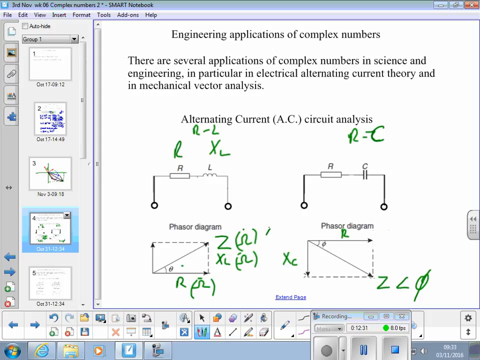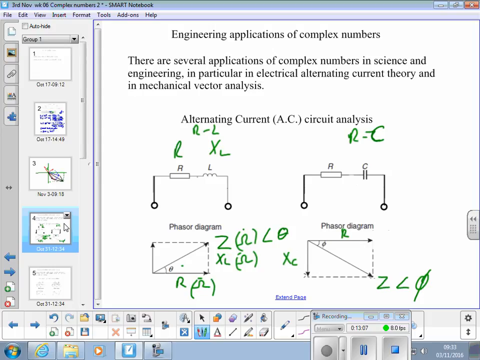This is Z ohms at angle theta. Okay? They're all in ohms. Everything there, all Z, R, XL and XC, all have units of ohms. Z is a polar number, or a rectangular number. It's a combination of the other two things. Okay?